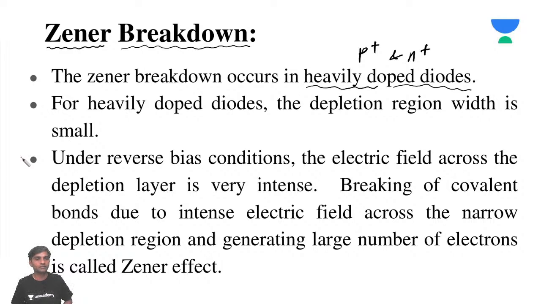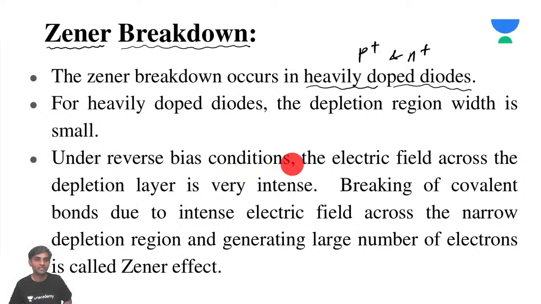Okay. Next. Under reverse bias conditions, the electric field across the depletion layer is very intense. So the breaking of covalent bonds due to the intense electric field across the narrow depletion region, and generating a large number of electrons, is called Zener effect. What is it saying, sir?